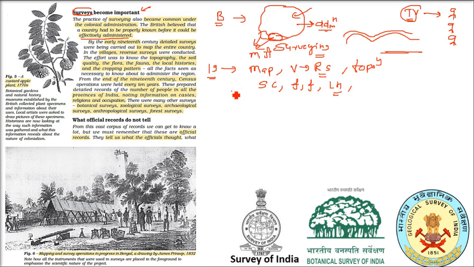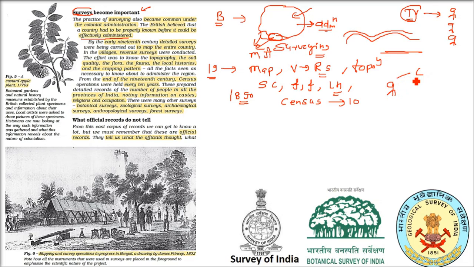And if you go ahead, you will see that around the 1890s, the end of the 19th century, they would do a census every 10 years. Matganana, counting people. So every 10 years they would count how many people are there in this subcontinent. Not only was counting of people done, they added more flavor to it.